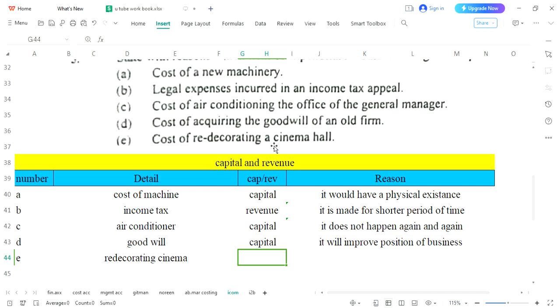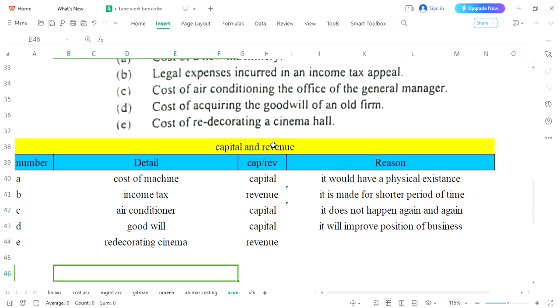So normally consider that redecorating cinema, although it's an expensive work, is frequent work, you will have to do it again and again. But one will say that seats are not replaced within a year, paint will not be done within a year, or repairs and renewals of screen and sounds are not done within a year. It might be called deferred revenue. We will understand this; I'm just writing it for the time being. Deferred. This is a new term for you.